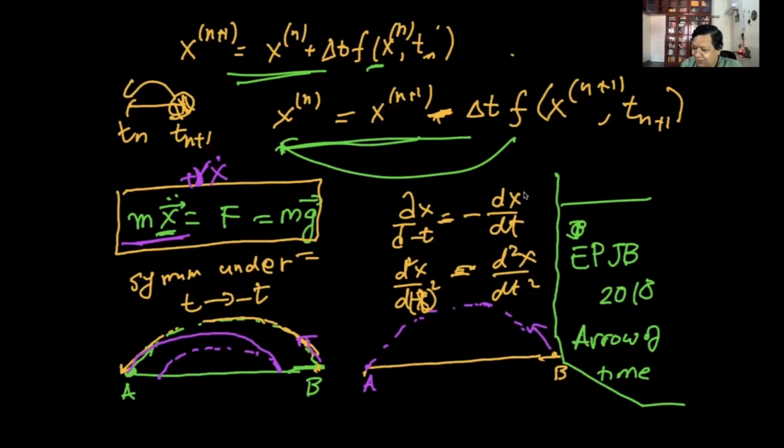Now, why do I worry about this? If I'm trying to solve the equations of motion or Newton's laws with a computer, then I have to make sure that my computer solutions are symmetric under time reversal.